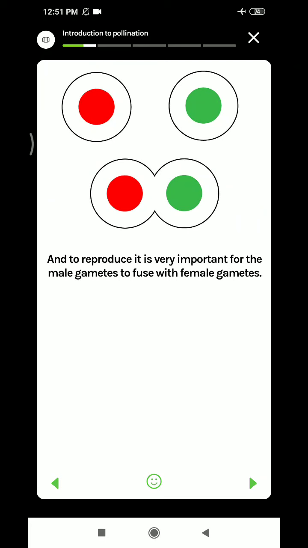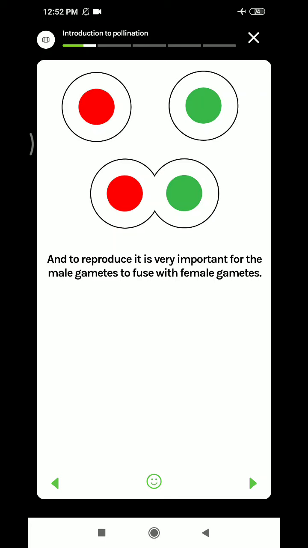For that they need pollination. Why is pollination needed for plants? Because by the process of pollination only, the male gamete and female gamete can come closer to each other. So we have understood that pollination is an important step for reproduction.